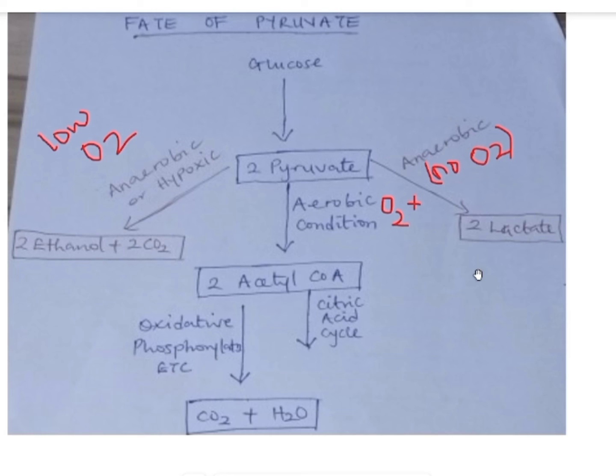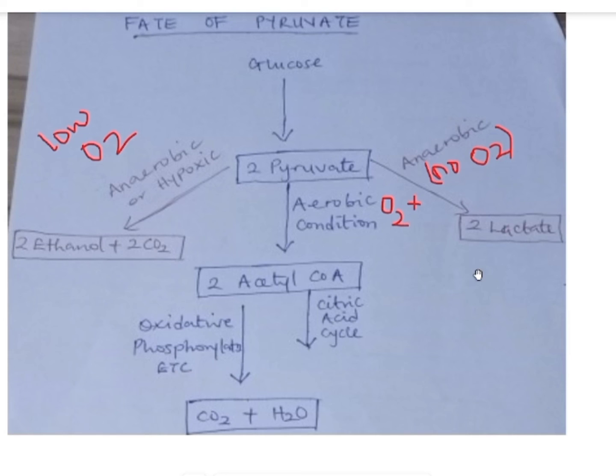So what is fermentation generally? Since lactate is formed from fermentation in heavily worked muscles, fermentation in general is the breakdown of organic molecules under low oxygen or no oxygen conditions.